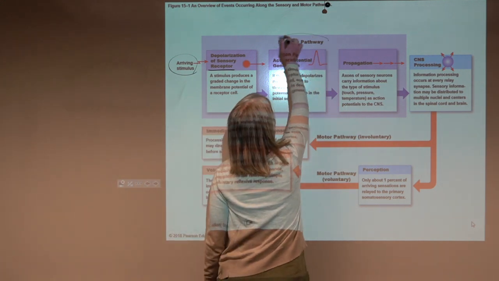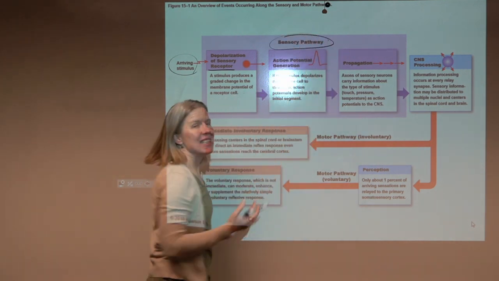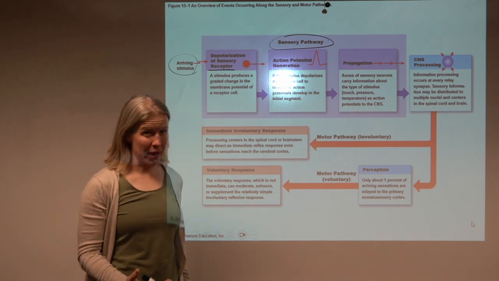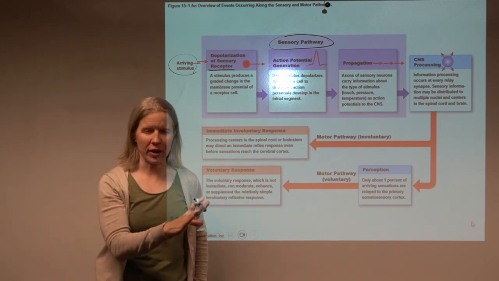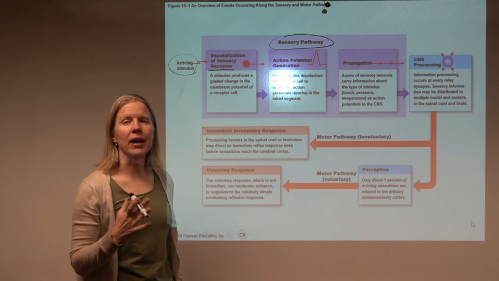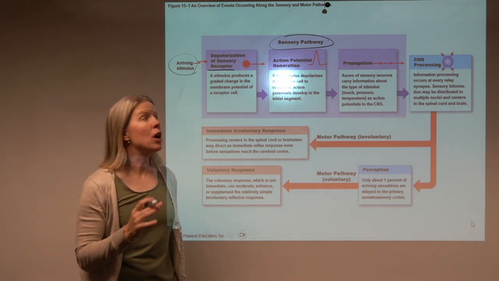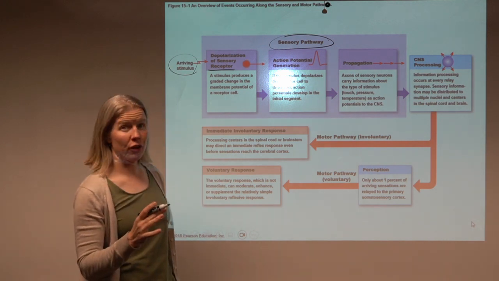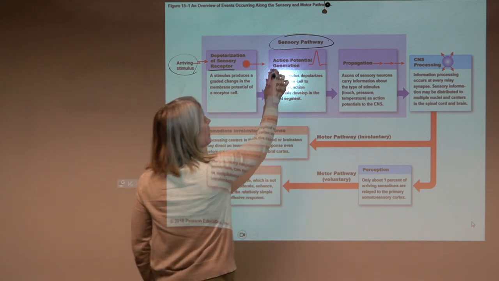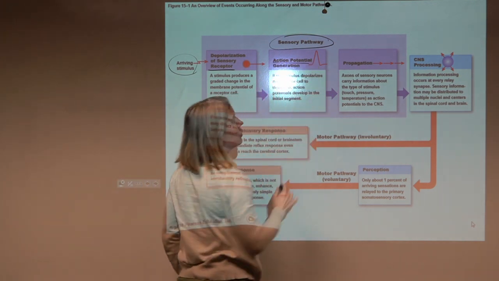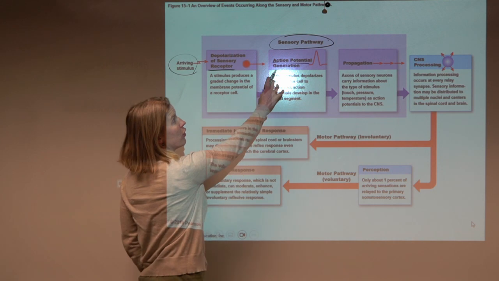Now, this idea of a sensory pathway, this picture doesn't really do it justice. Hopefully it'll make more sense by the time we get to the end of the chapter. But what we're looking at here is that we need that action potential to be generated.